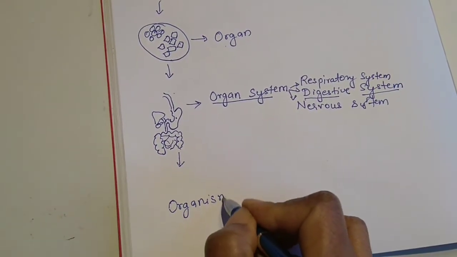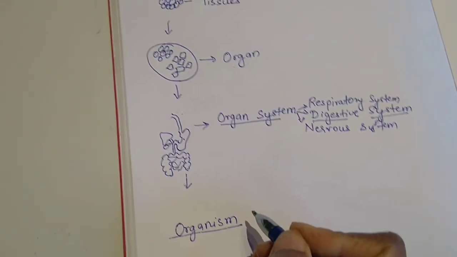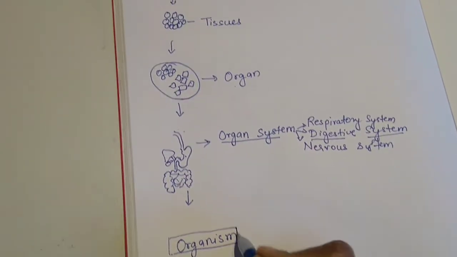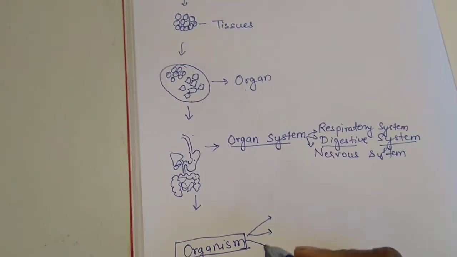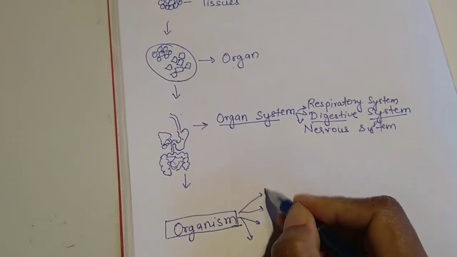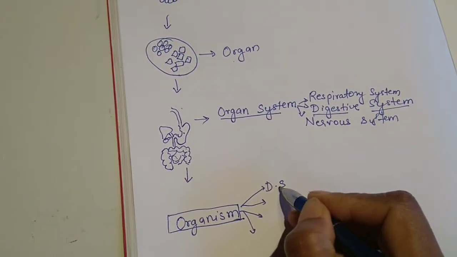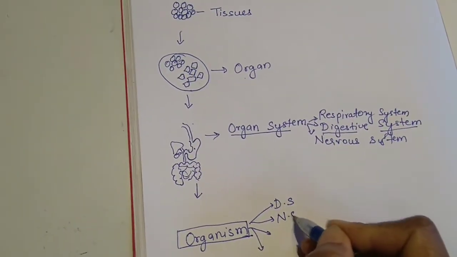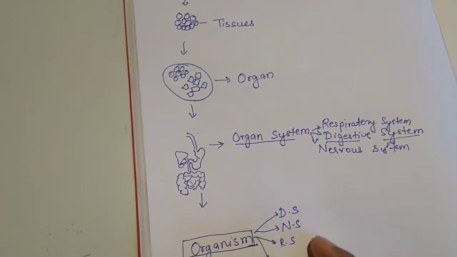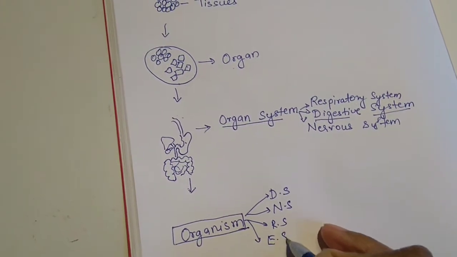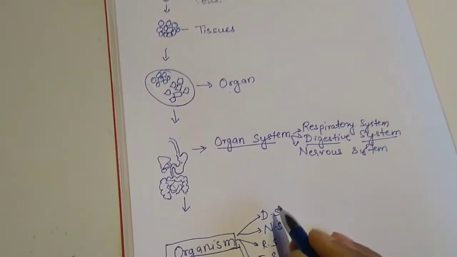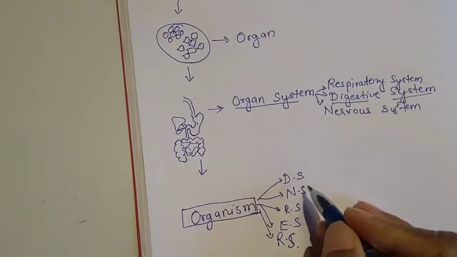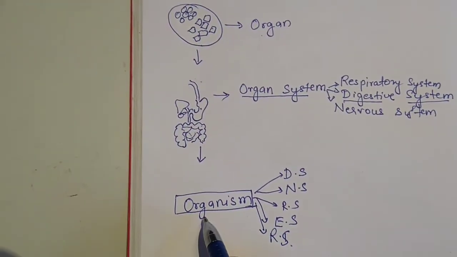The organism can be a plant or an animal. So this full organism is formed by joining of different types of organ systems like the digestive system, nervous system, respiratory system, excretory system and reproductive system. So all these organ systems join together to form the full organism.